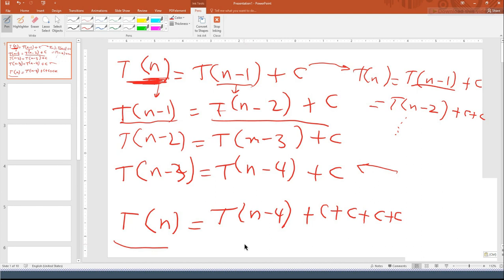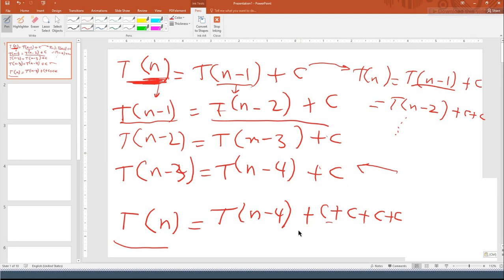You got it now? No, no, no. It's 4C. Yes. I didn't say C to the power 4. No. Because these are constant. Just you calculate C plus C plus C plus C. This is what we have done here, as you can see. Yes, exactly. Right.